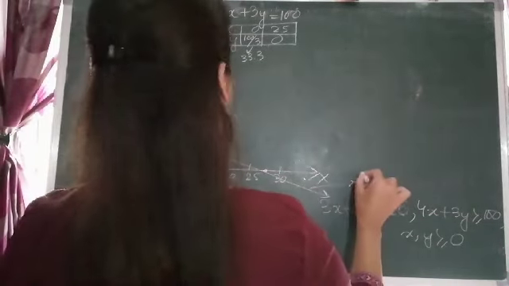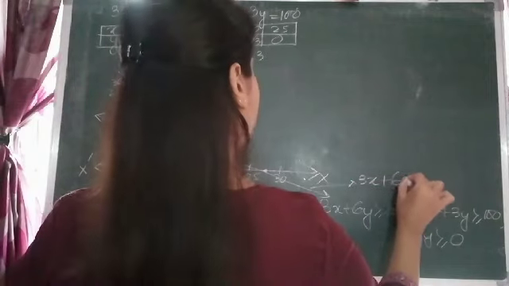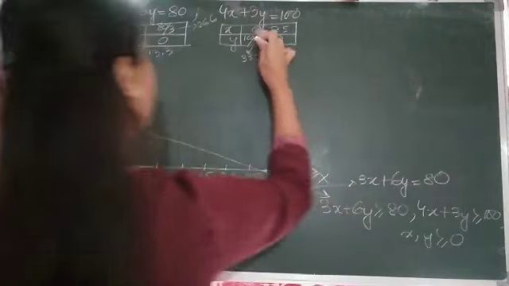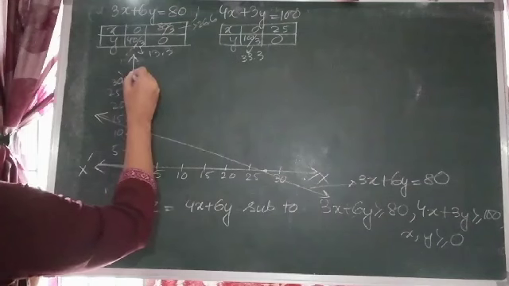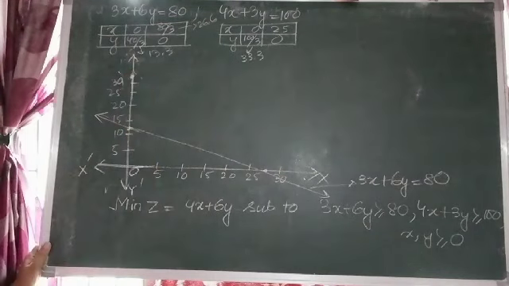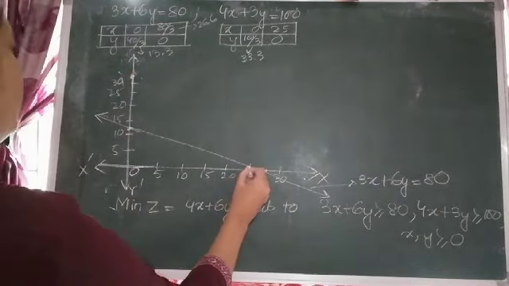The graph of 3x plus 6y equals 18. Next 0, 33.3 will lie somewhere here, and next is 25, 0.